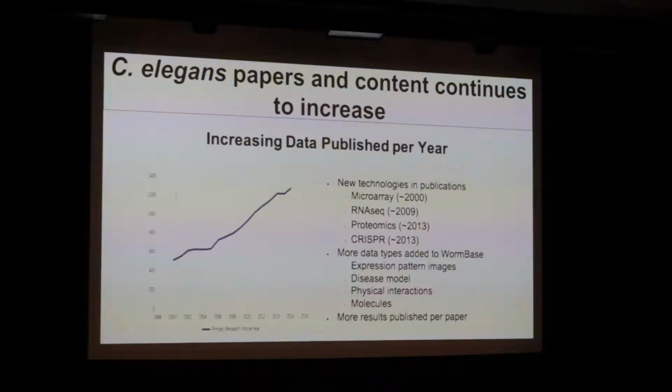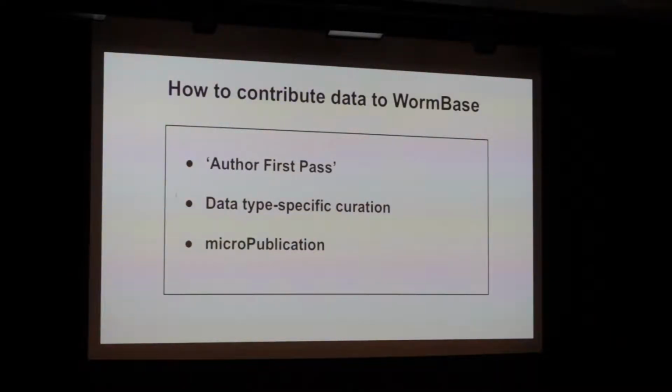In addition, and equally important, individual papers in the literature increasingly have more and more data that we need to curate. So any help that we can get from the community is great and allows us to get C. elegans data into WormBase much faster.